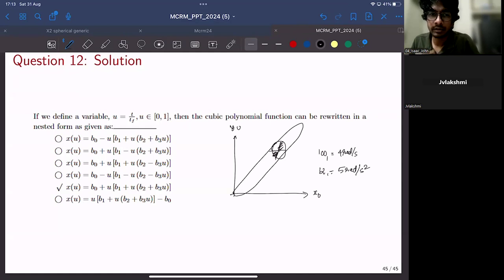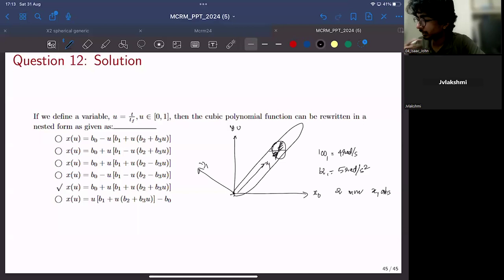The center of gravity is given as 2 millimeters along the x1 axis. If this is the x1 axis, this is the y1 axis. What are the components of linear acceleration at the center of gravity with respect to the local link frame 1?